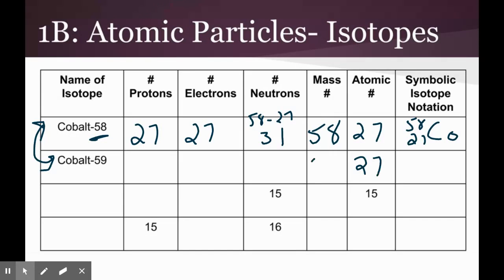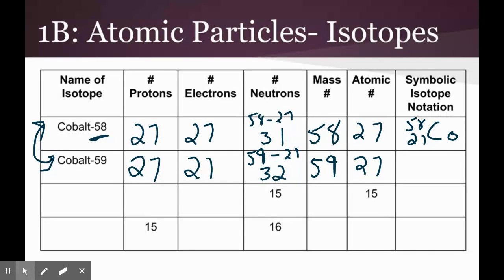The mass number for this one, though, will be 59. So, protons will still be 27. Electrons will still be 27. To find the number of neutrons here, we're going to do the mass number, which is now 59, minus 27. So the number of neutrons for this isotope is going to be 32.